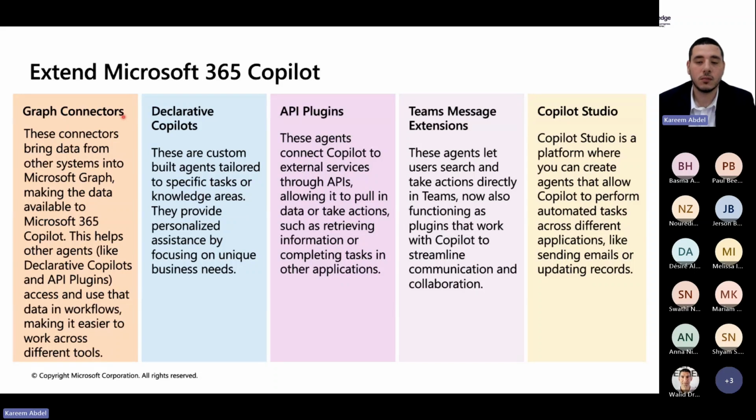repositories of data or databases, for example, if it's a CRM or an ERP, and we can use the graph connectors that exist from Microsoft to map out the data from these external sources onto Microsoft Graph.